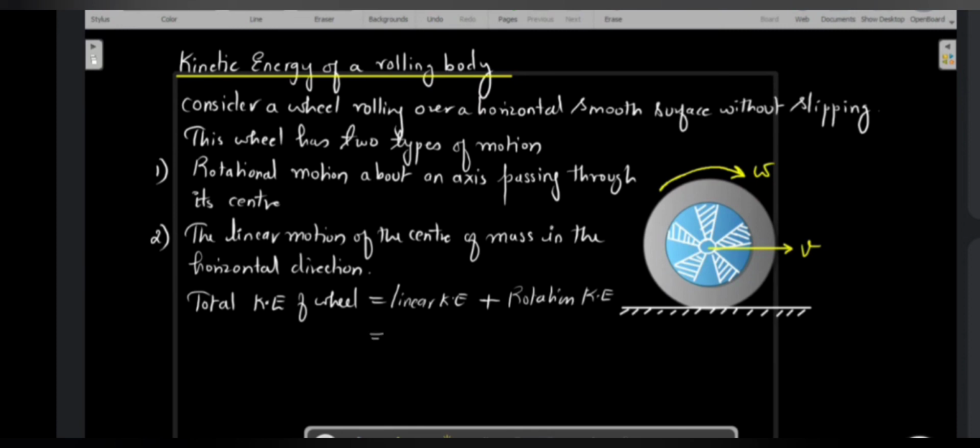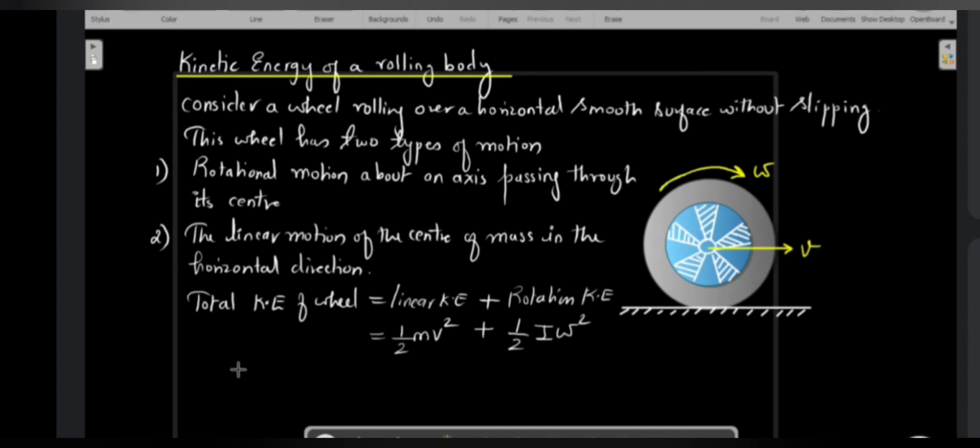So linear kinetic energy over here obviously will be given by half mv square, plus we know that the rotational kinetic energy is given by the formula half I into omega square, where I is going to be moment of inertia of this wheel and omega, as we know, is the angular velocity.